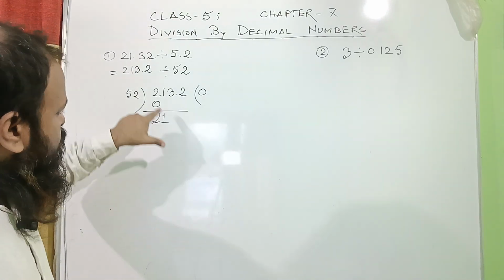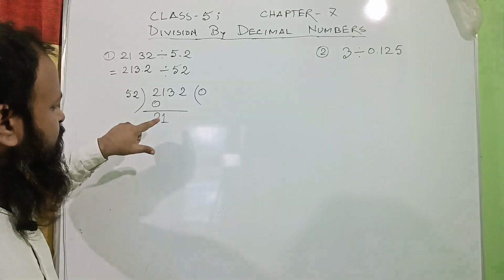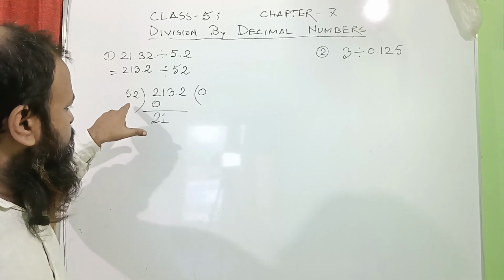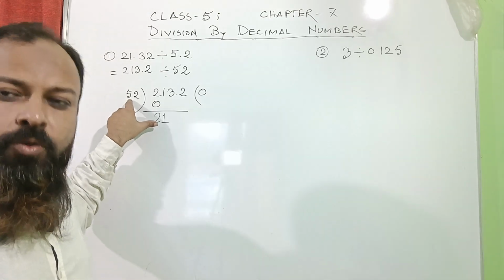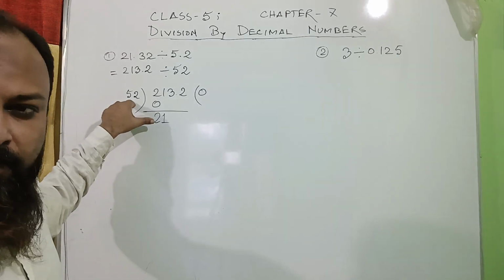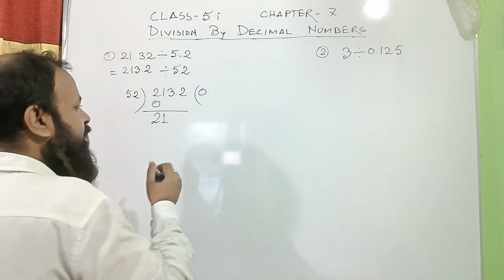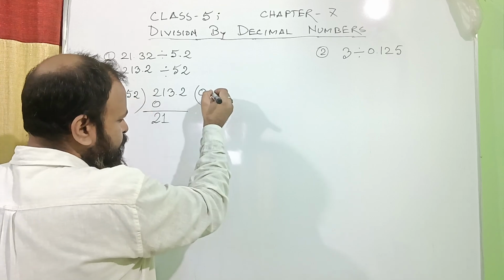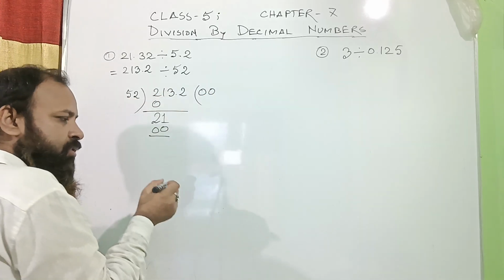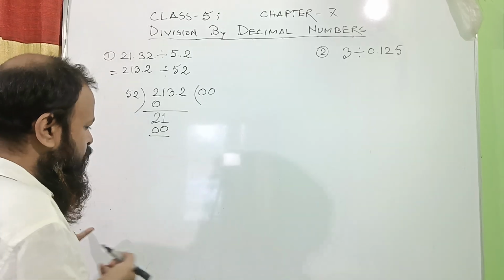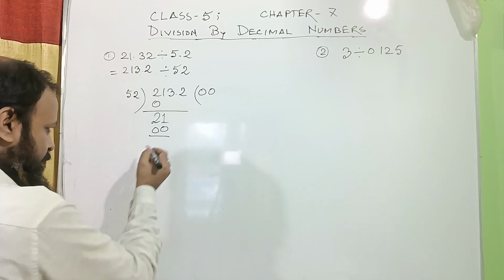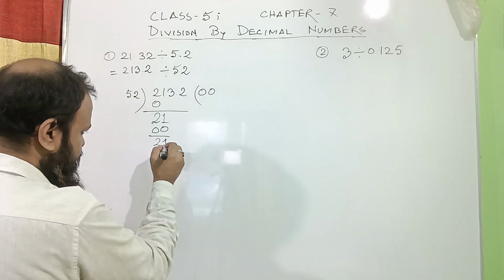Now look, this 21 is smaller than 52, so we are to multiply 52 by 0, as this dividend is smaller than the divisor. So again, we multiply 52 by 0, so the result will be 0, and next we go for the subtraction, and the result will be 21.